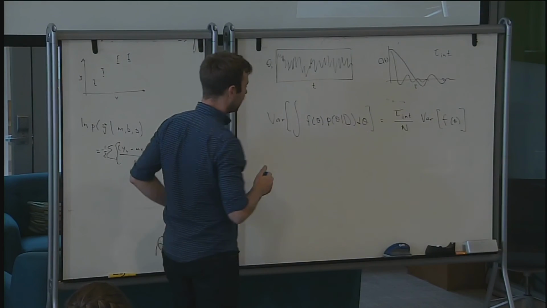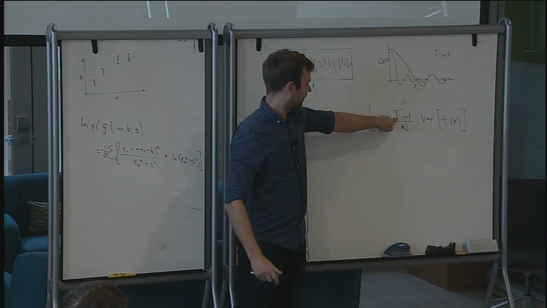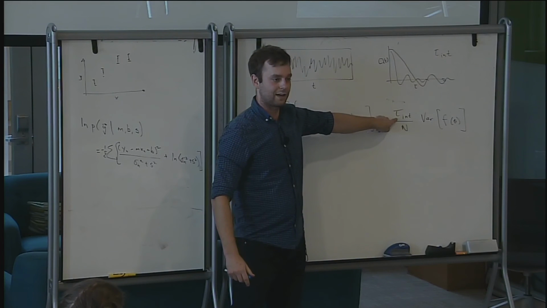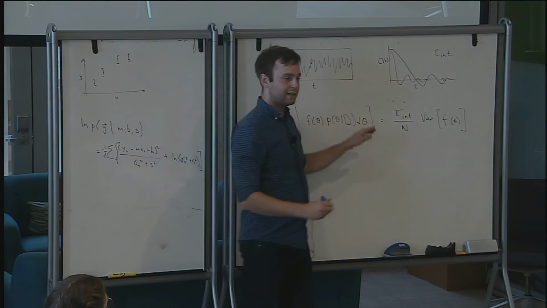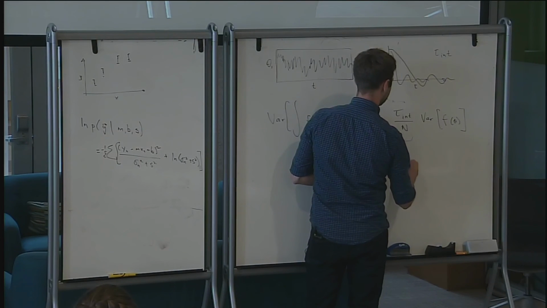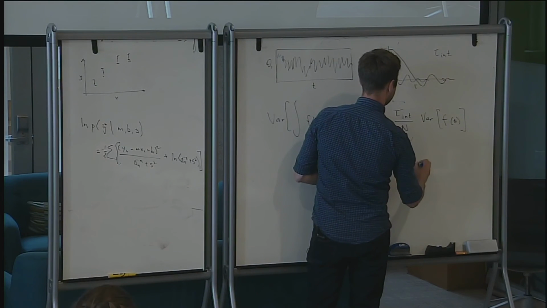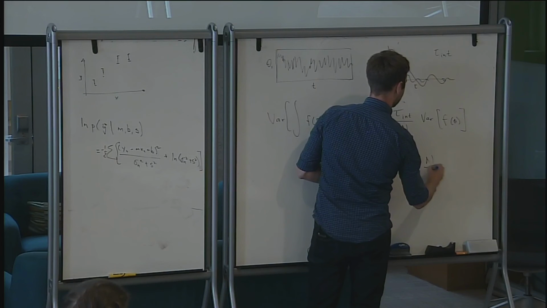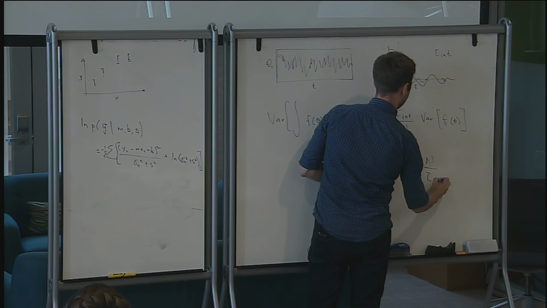And so we end up with the integrated autocorrelation time here. And so what that means is that really you just have an effective number of samples, which is given by n over the integrated autocorrelation time.